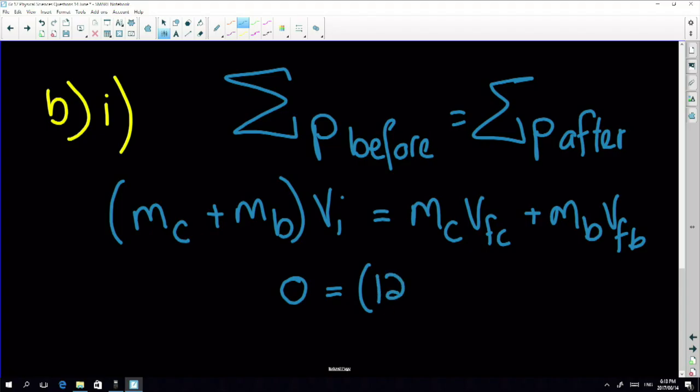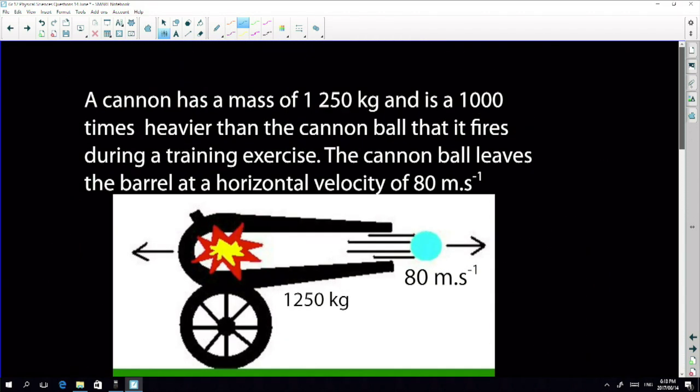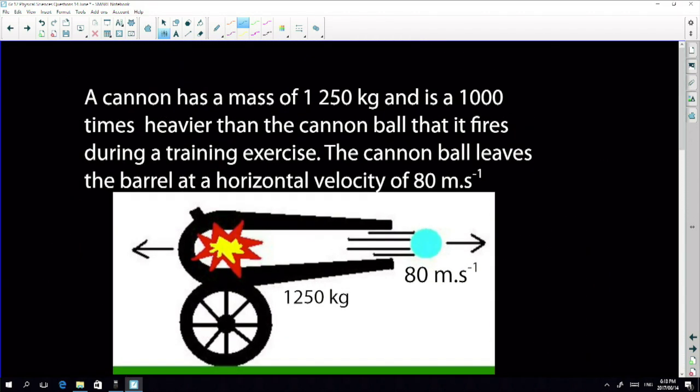Excellent, not a problem. The cannon, they told me, was a mass of 1,250. We want the velocity. Now comes the fun part, because I need the mass of the cannonball. So when we go back to the question, we go, well, the cannonball is 1,000 times lighter than the cannon.